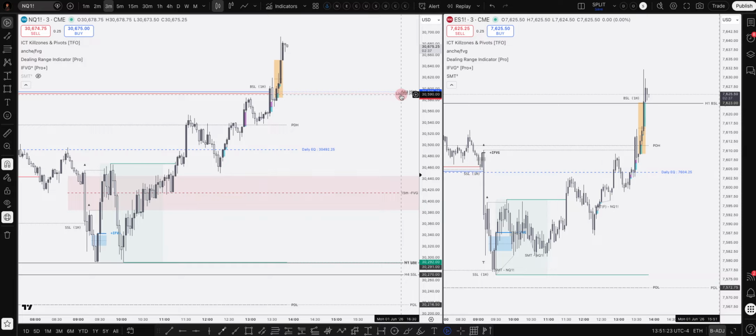If I ever see an overnight session high or low get tagged with an IFEG, and then you start throwing SMT into the mix, or maybe it's inside of a higher time frame imbalance, that is A plus. That is not even A plus. That is S tier, in my opinion.